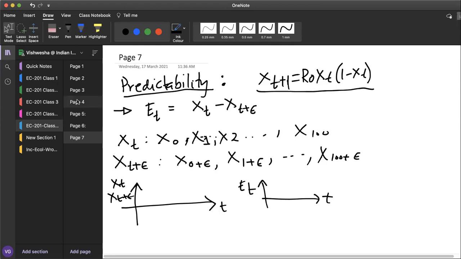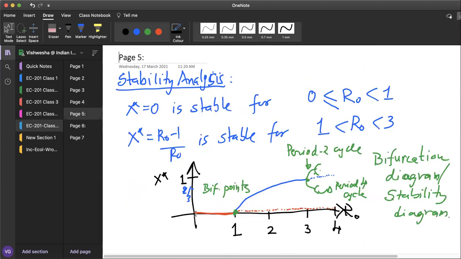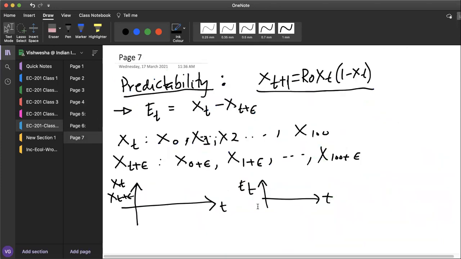If you were in this regime between 0 and 3, you will find that this et will basically decay with time. Is that true for all of you, by the way? This et will basically decay with time for R0 less than 3. Did you all find this?